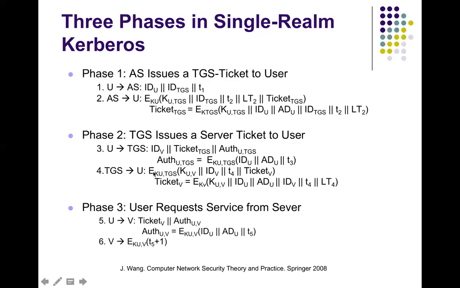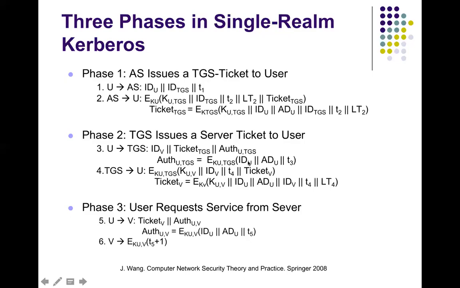So TGS will first use the master key between AS and TGS to decrypt this ticket and extract this session key. Then TGS can decrypt this ciphertext, because now it has this key.